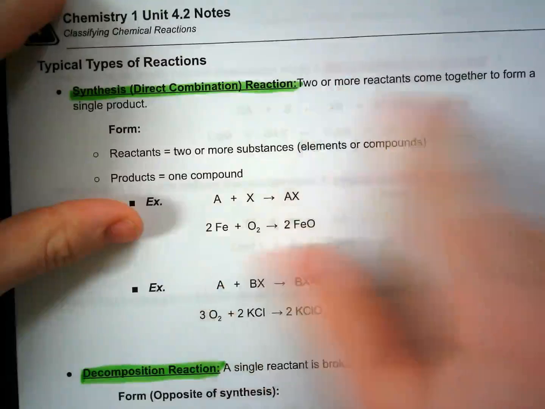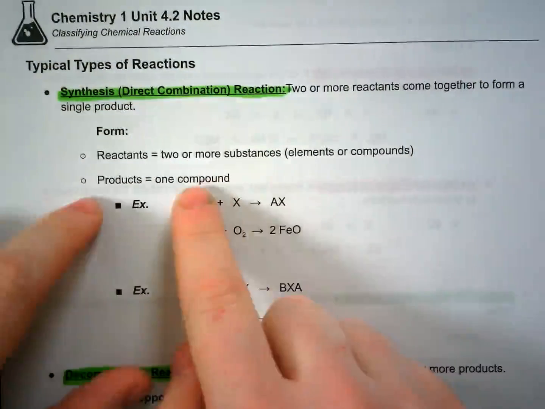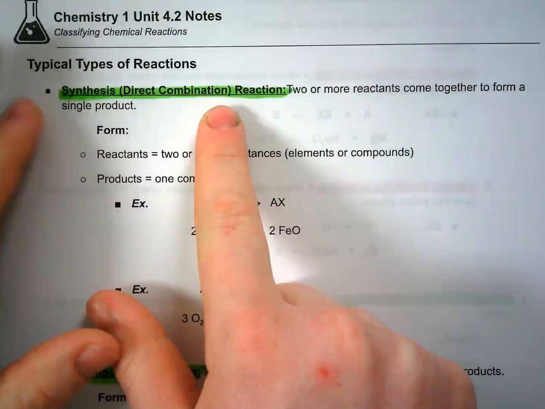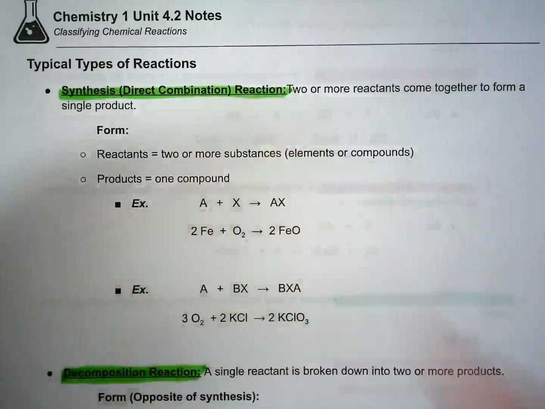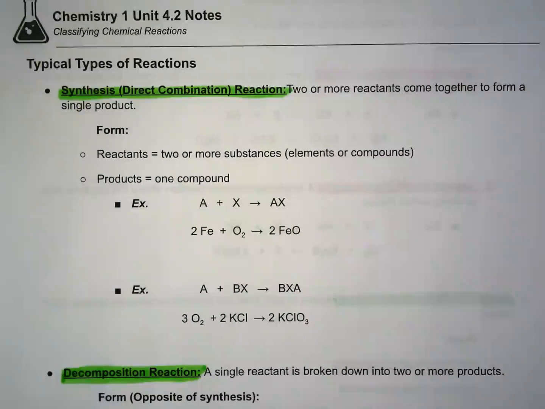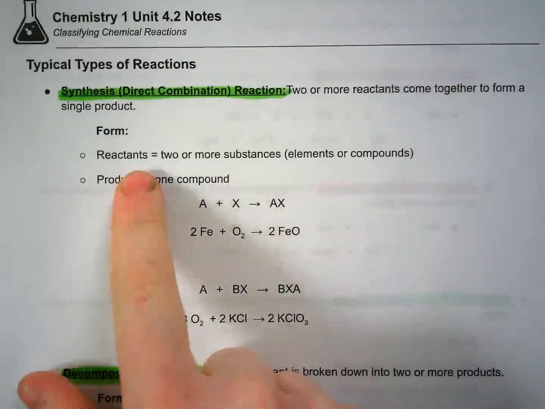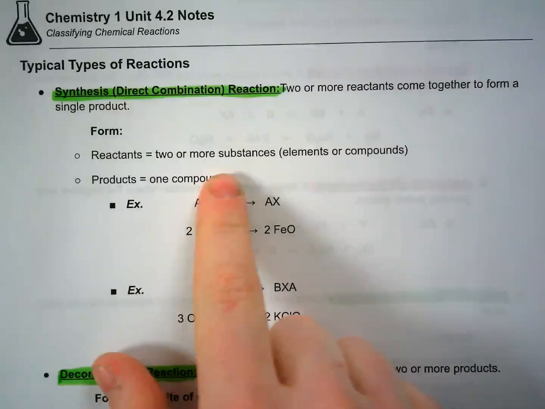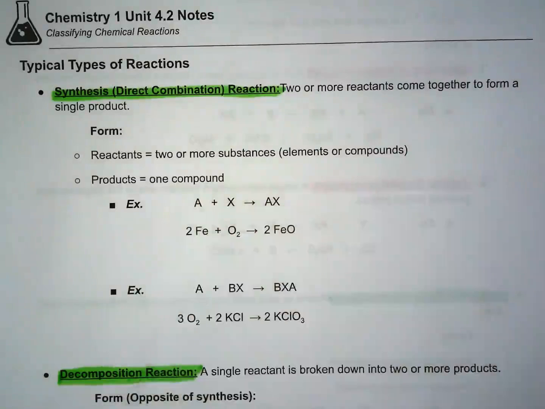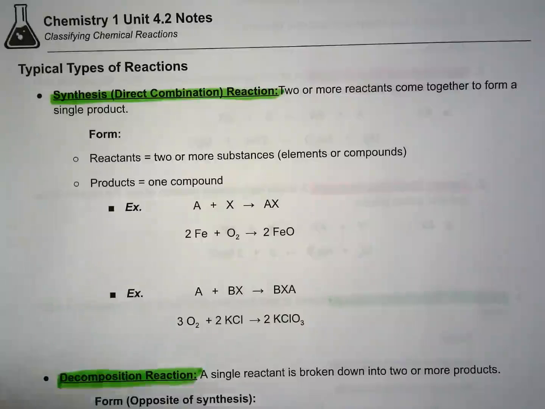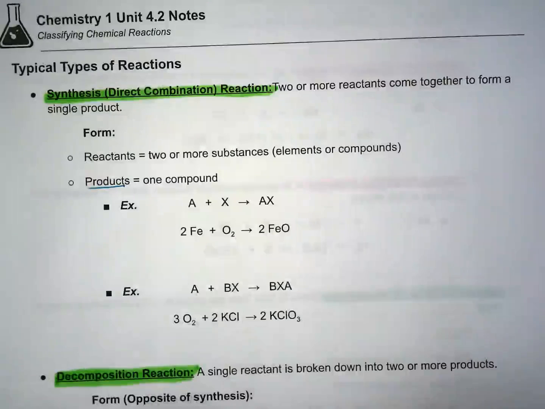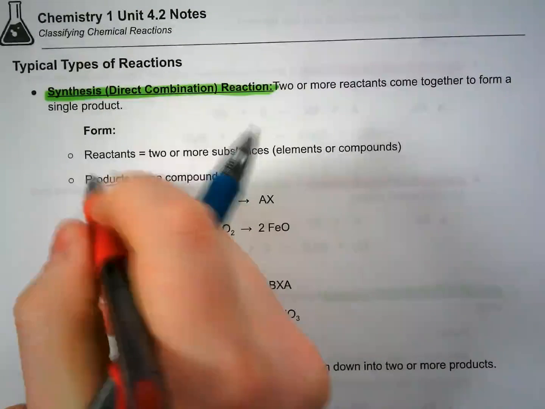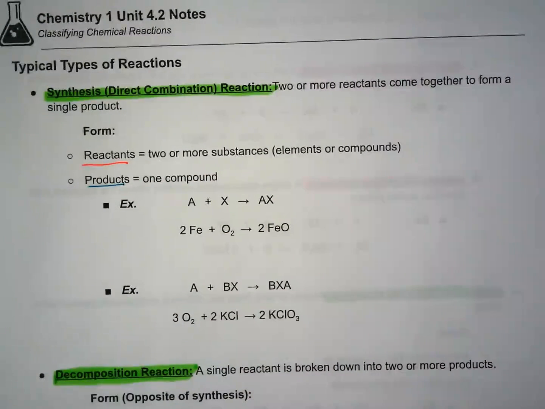Okay, so here's the definition, but I'm more interested in showing you what it looks like when you see a synthesis reaction. This should be one of the easiest ones to find. All it is is that you have 2 or more substances on the reactant side, and then you've got 1 compound on the product side. Looking at it here, products are blue and reactants are red, and I know on the screen it won't look really red.